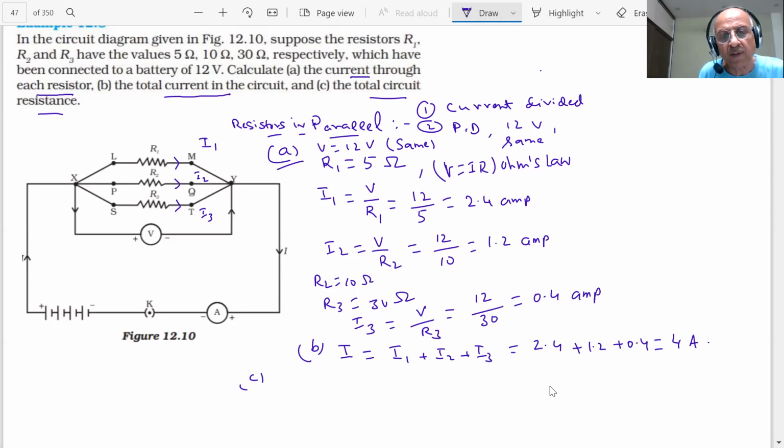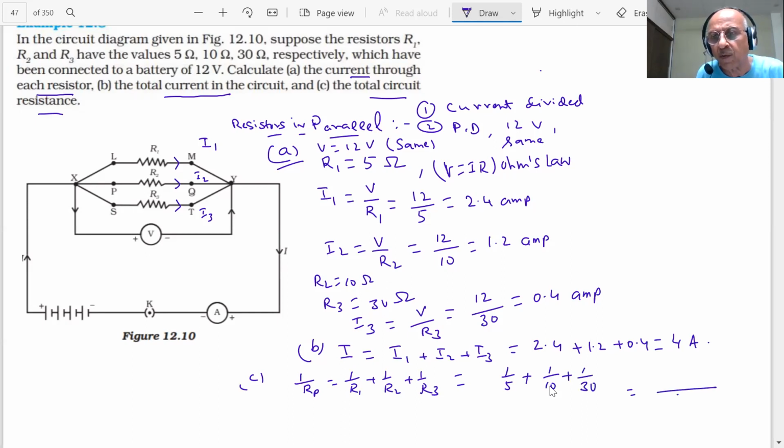What is the formula, student? 1 by RP is equal to 1 by R1 plus 1 by R2 plus 1 by R3. 1 by 5 plus 1 by 10 plus 1 by 30.